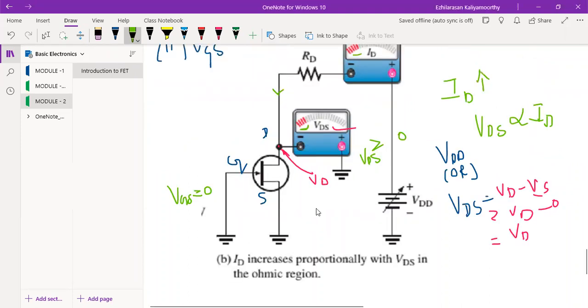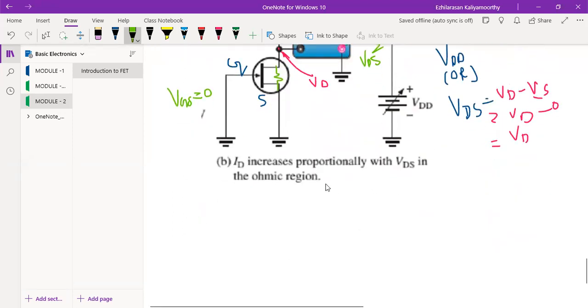It is like a voltage controlled resistance actually, because here this will act like a resistor, only in the ohmic region. That is why ohmic is sometimes called the linear region. Why linear region? Because the characteristic of the resistance is linear. So only we are calling it a linear region.